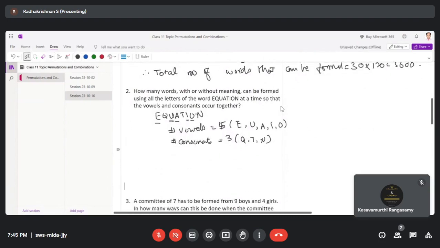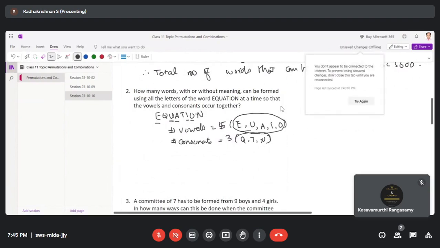Now the problem is, this whole thing should appear as one group, and this whole thing should appear as one group. But within this they can be shuffled in whatever number of ways that we can, and similarly within the group of consonants this can also be shuffled.